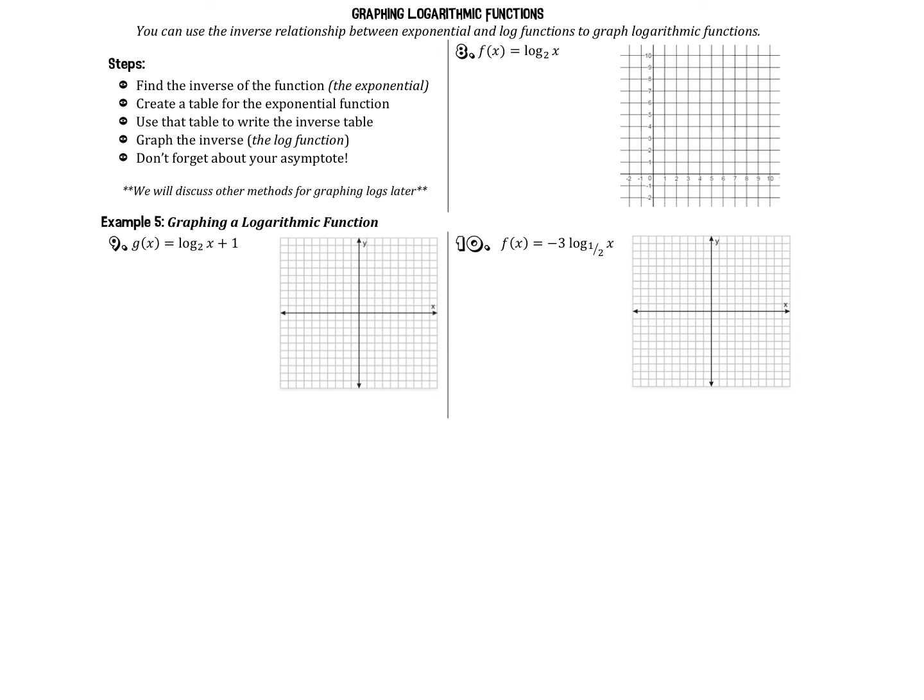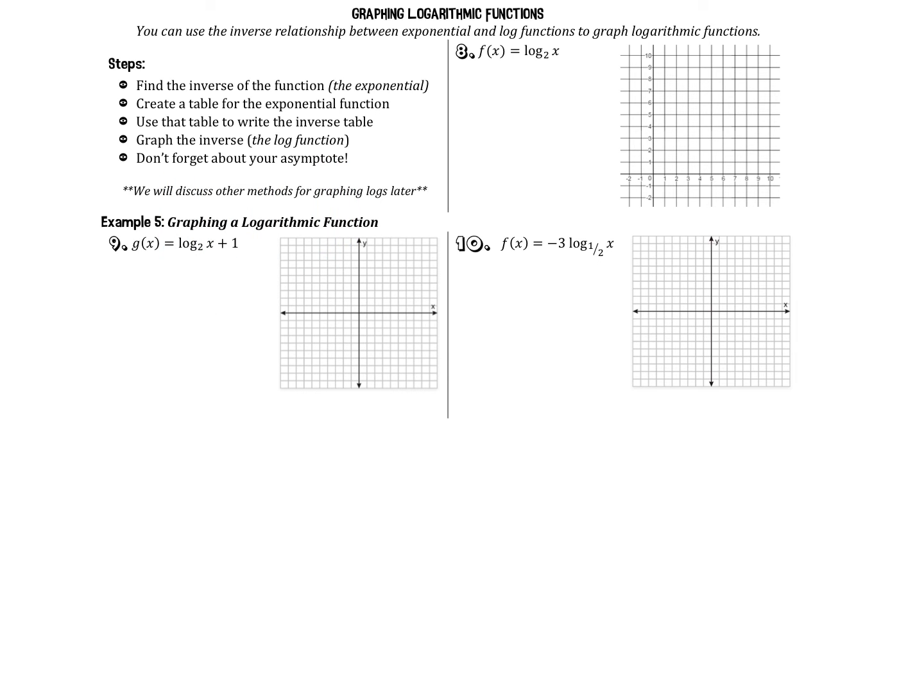We are going to learn other ways to graph logarithmic functions later, but for right now, we're going to rewrite the log statement as an exponential statement. We're going to find the inverse. So switch our x and y and find the inverse. Then we're going to flip our table for the inverse for our exponential functions to make the table for our original function. And then we're going to graph and make sure we're not forgetting our asymptotes.